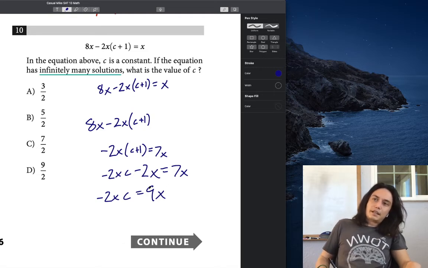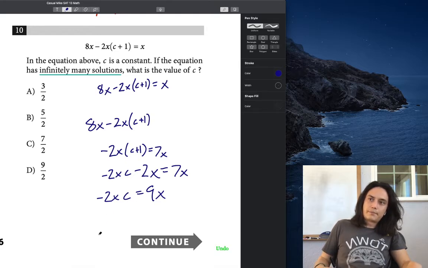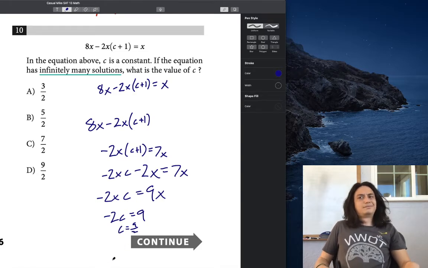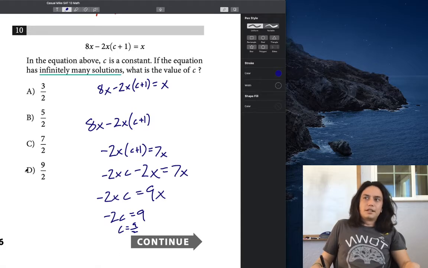Then we're going to divide by x on both sides. This is negative 2xc, so this is negative 2 times x times c. X is going to cancel out. And that's negative 2c equals 9. And then we're going to divide both sides by negative 2. C is going to equal 9 over 2. And that's the answer, so it's D.